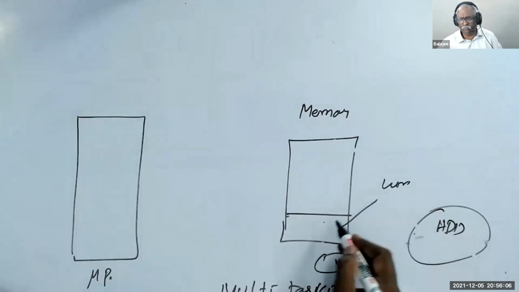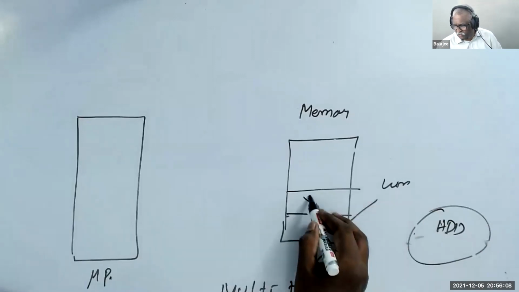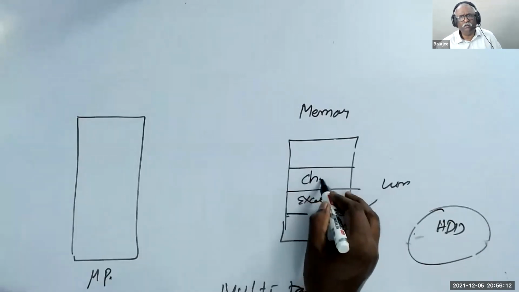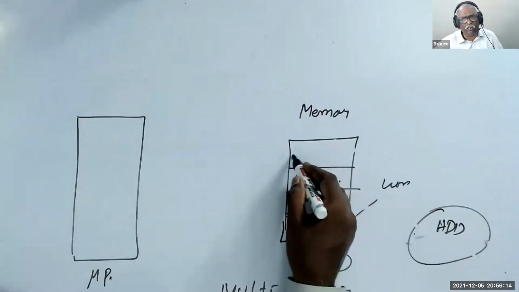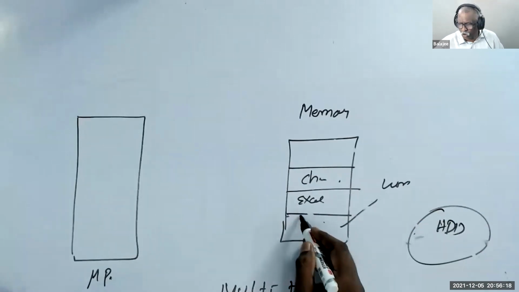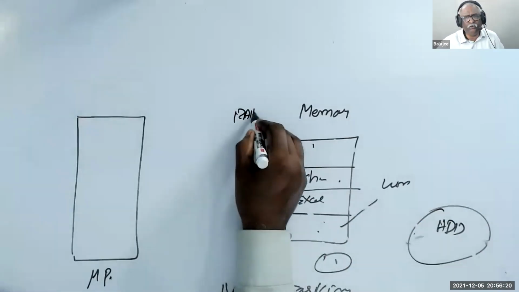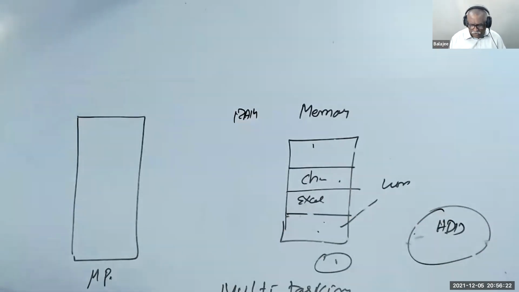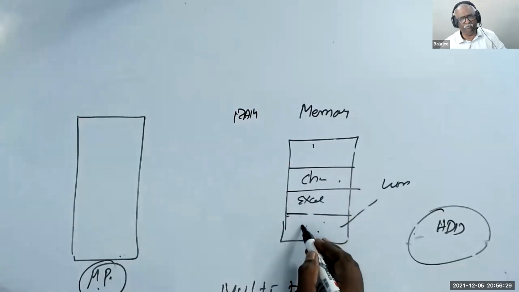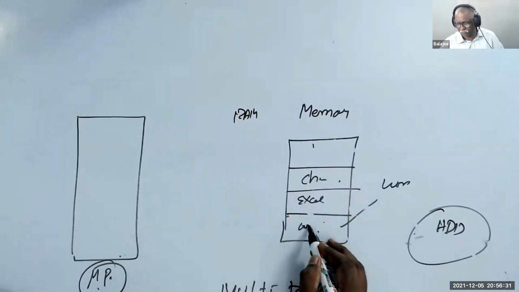Word occupied the memory. Now I load Excel. Now I load the Chrome browser. If we started loading all the applications one by one, my local RAM is full. But I know that my microprocessor will execute only one at a time. It cannot execute all the things at a time.